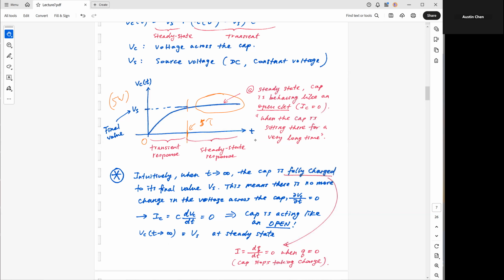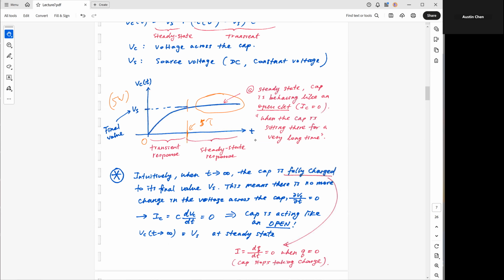So this is an interesting concept here. I claim that if the capacitor has been sitting there for a long time, then that capacitor is going to behave like an open circuit. This is obviously true at steady state, because in steady state, the time is several time constants, let's say 5 tau.